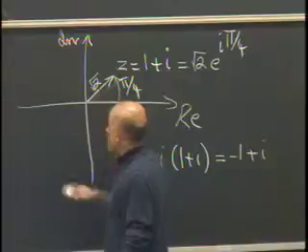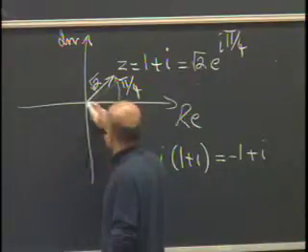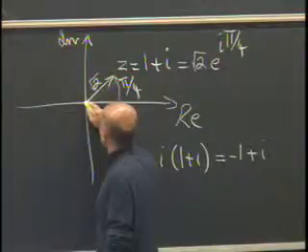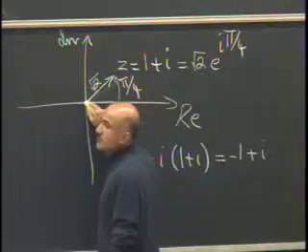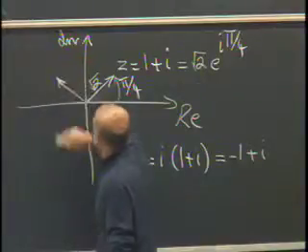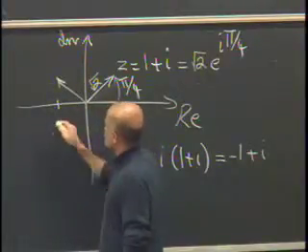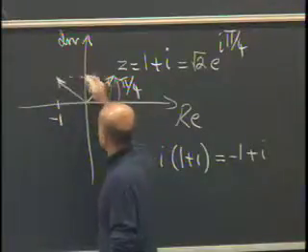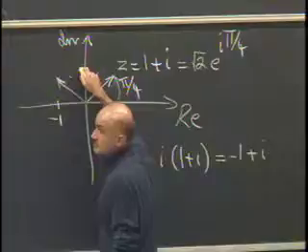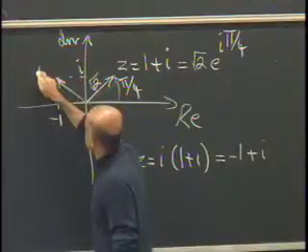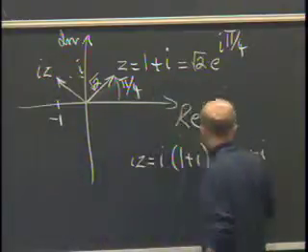Which quadrant is it sitting in? Second one. And how do I draw it? Okay, your hand gesture shows you know what you're talking about. And what's this number here? Negative 1. And this is? i. So this is iz, which is negative 1 plus i.